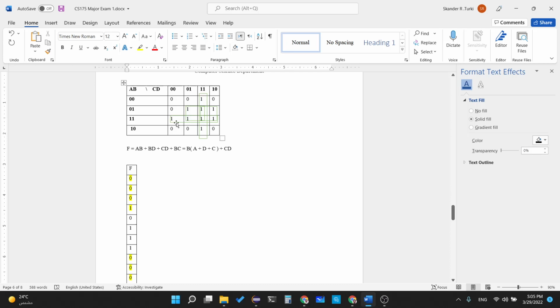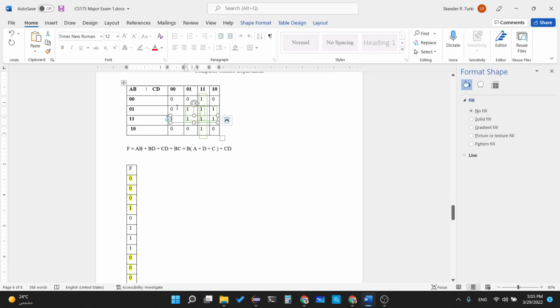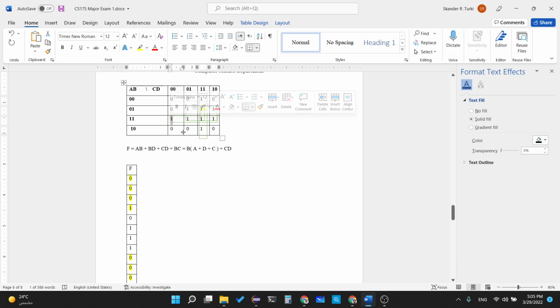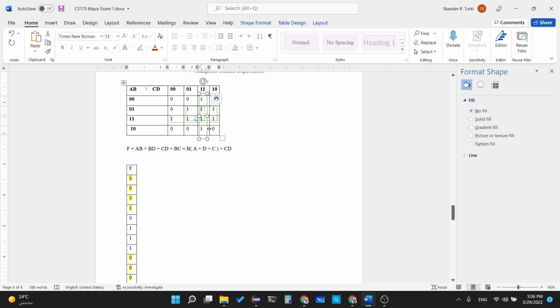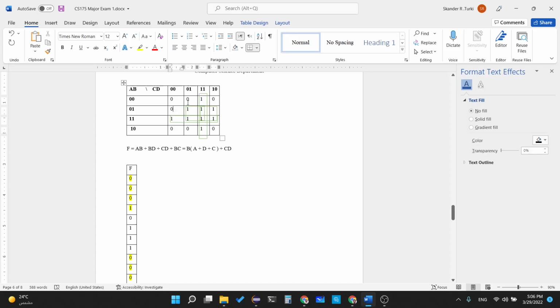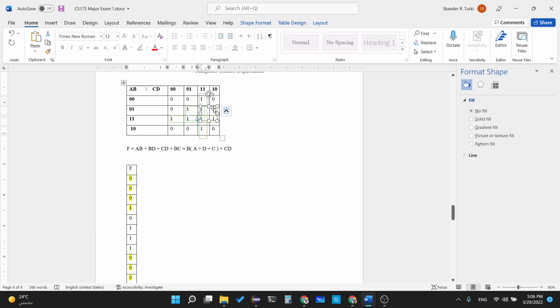For example, the prime implicant here is the only one who covers this bit. This square also is the only one who covers this bit. Same thing for this square. It's the only one who covers this bit. So all of them are essential.